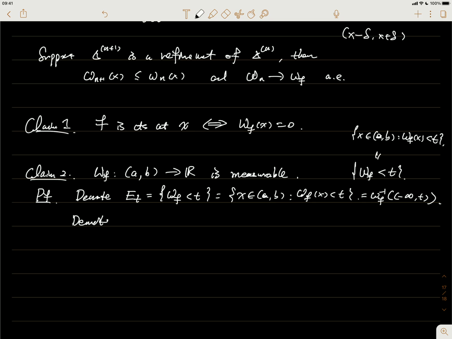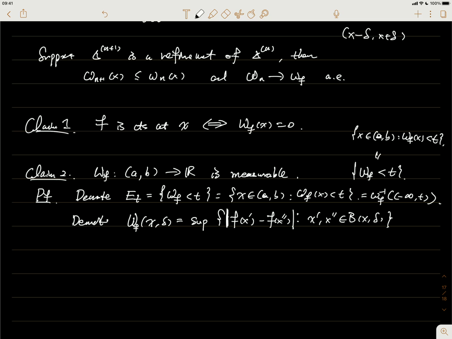Also denote the big W, x and delta, to be the supremum of the oscillation, or the variation, on the ball centered at x with radius delta. So for every fixed x and delta, I can find the supremum value here, and that is the capital W of x, delta.